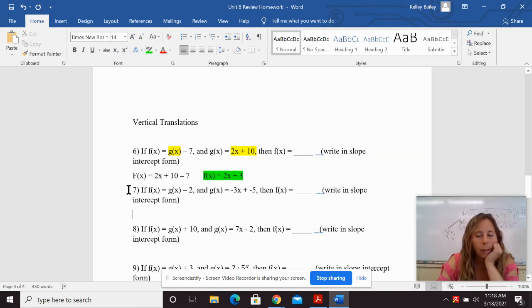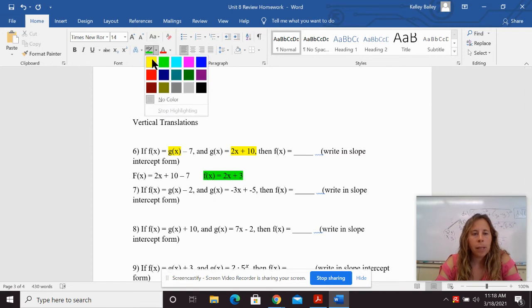Okay, the next one, f of x equals g of x minus 2, and we're given g of x. So we have to write the equation for f of x again. Make sure you're pausing me and trying these on your own. Once again, we're going to use that substitution. G of x is equal to negative 3x plus 5, so we're going to substitute that in.